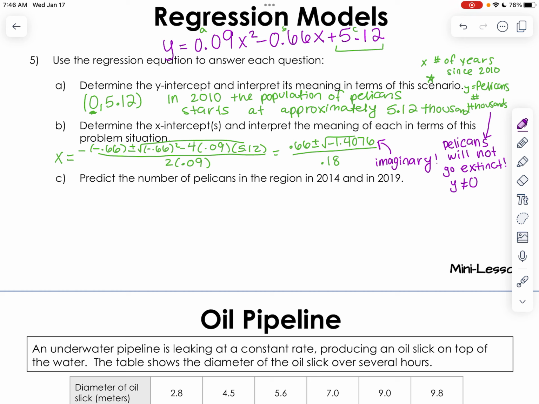Part C says, predict the number of pelicans in the region in 2014 and 2019. All right, so if I'm going to predict for 2014 and 2019, first thing I need to do is figure out what I'm going to plug in. Let's start with 2014, okay? For 2014, if x is the number of years since 2010, then that's saying predict the number of pelicans for x equals 4, because 2014 is 4 years after 2010. So what we're going to do is take our equation, and I'm going to plug in 4 for x.